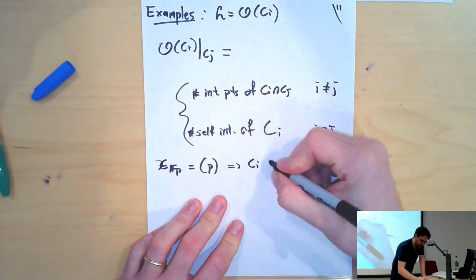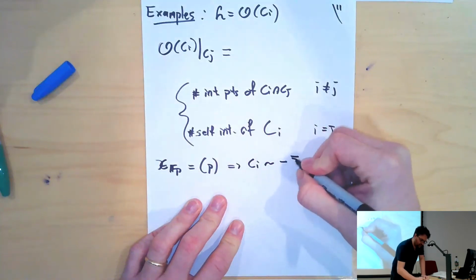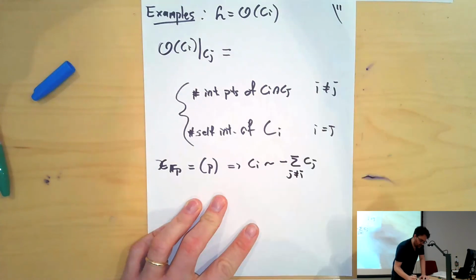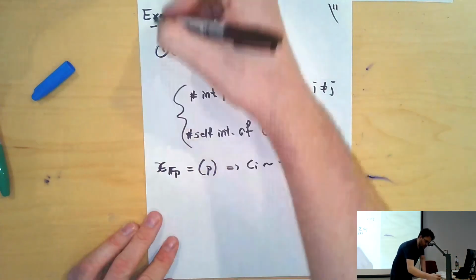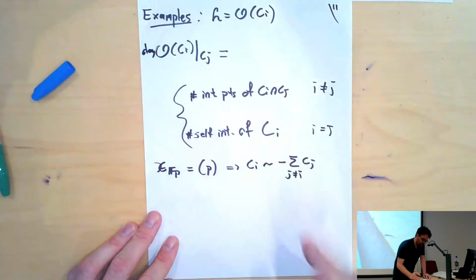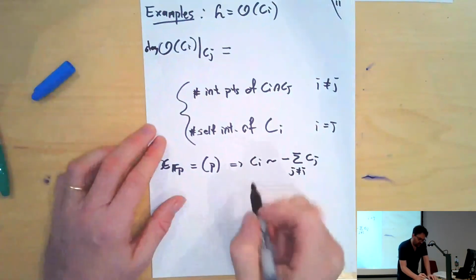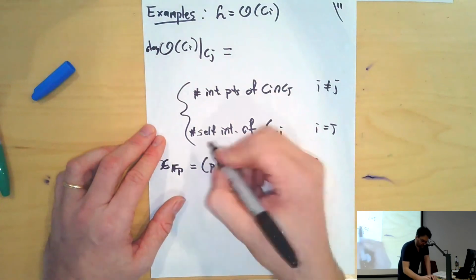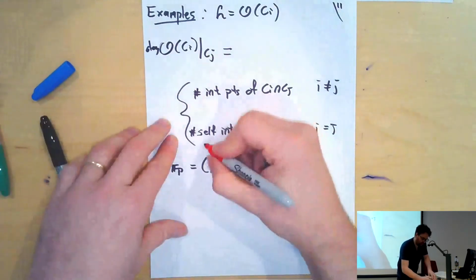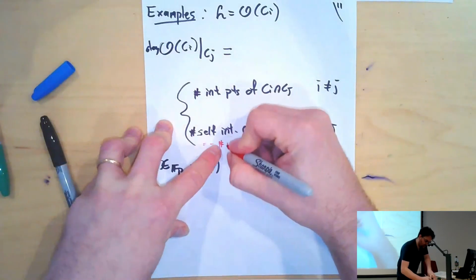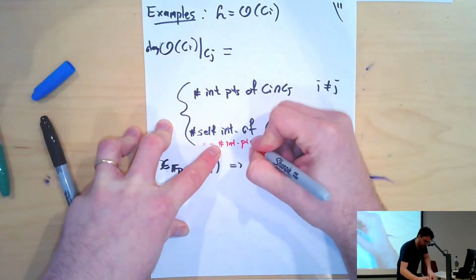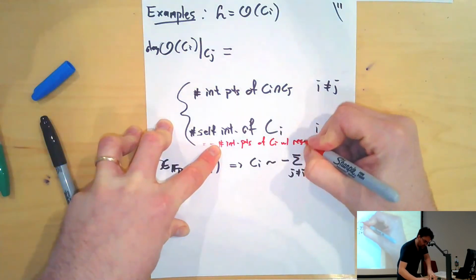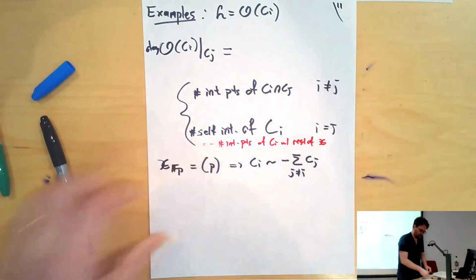So Ci is equivalent to minus the sum of Cj, j not equal to i. And I meant degree here, because if I don't, that's just a sheaf. So the self-intersection of Ci is really minus the number of intersection points of Ci with the rest of X.